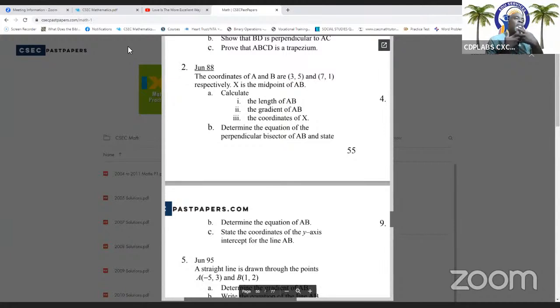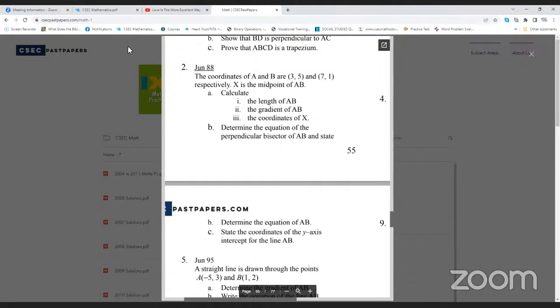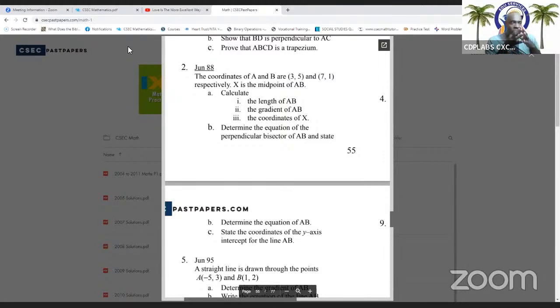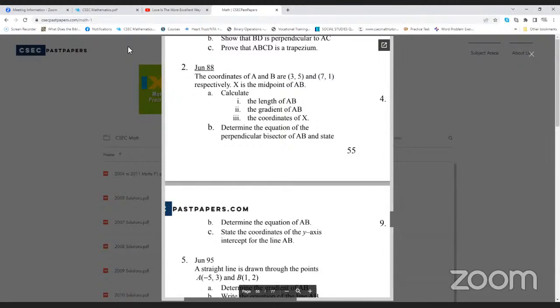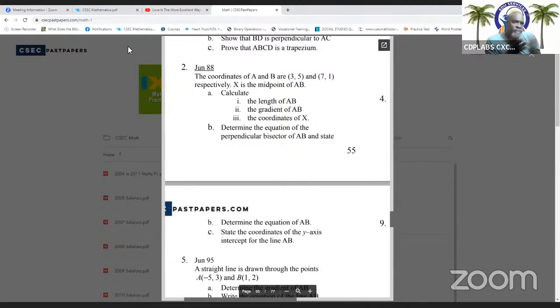Now, what's the key word here that you're probably not sure of? Midpoint. Good. When you hear the word midpoint, what comes to your mind? Numerically. Center, but numerically, midpoint, numerically.